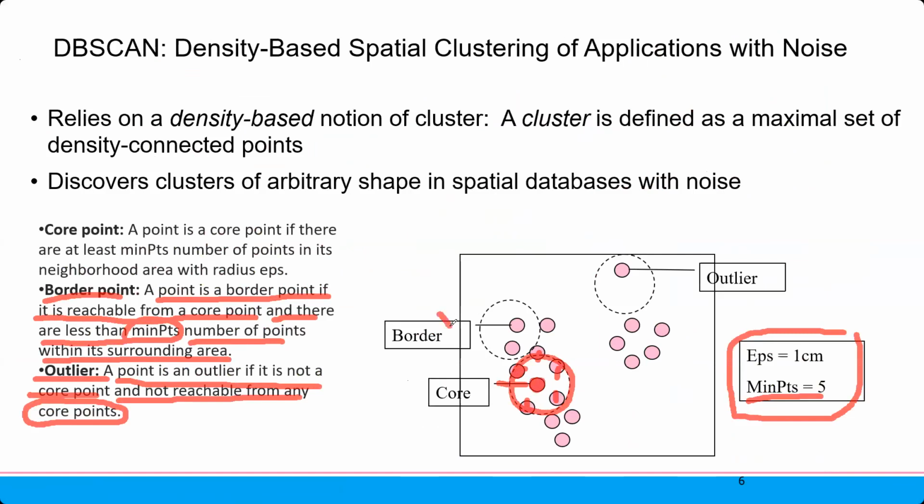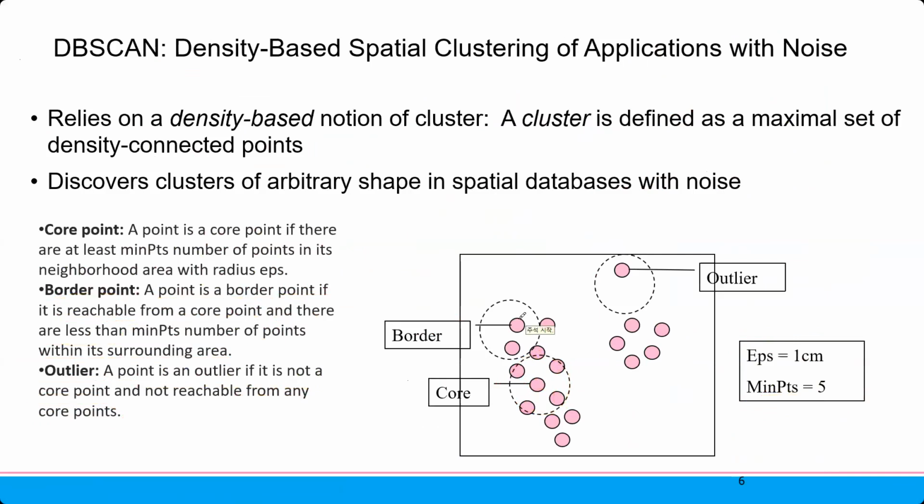What about a border point? In this case, when we have this radius, we have only 1, 2 points in the radius. So we call this a border point, because it has fewer than the minimum number of points in the surrounding area with EPS 1 centimeter.